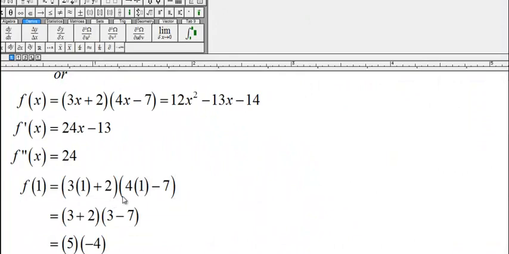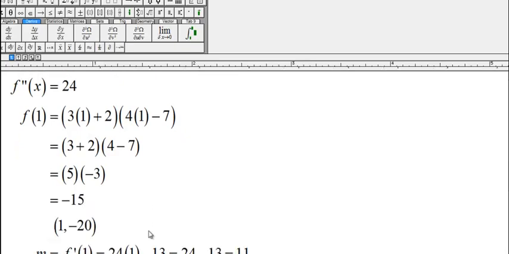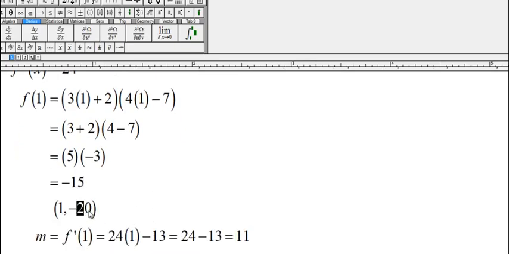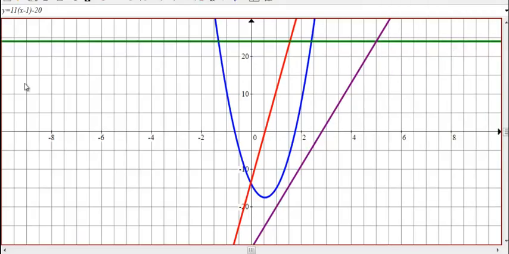You caught it already. 4 minus 7. This should be 4 minus 7, and that should be negative 3. So this is negative 15 for the coordinate. And so that should be a simple fix. We just change this to negative 15 here. Maybe you already caught that when you were watching me do it.